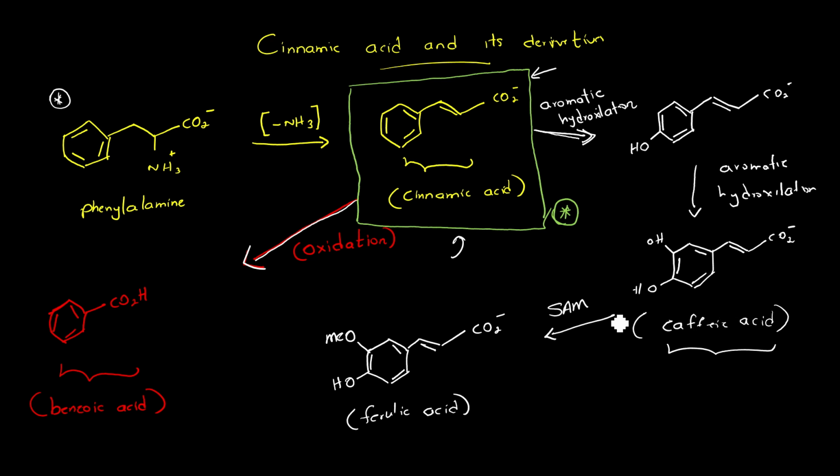I am not expecting you to memorize this name and structure, but I hope you memorize this one, this structure and name. Cinnamic acid is an important molecule, and also phenylalanine and tyrosine are important molecules. You need to know the structure and name.